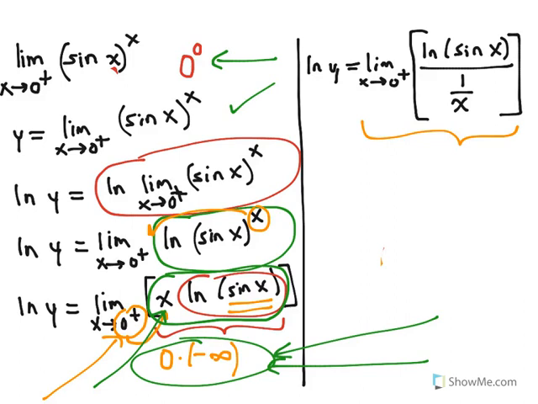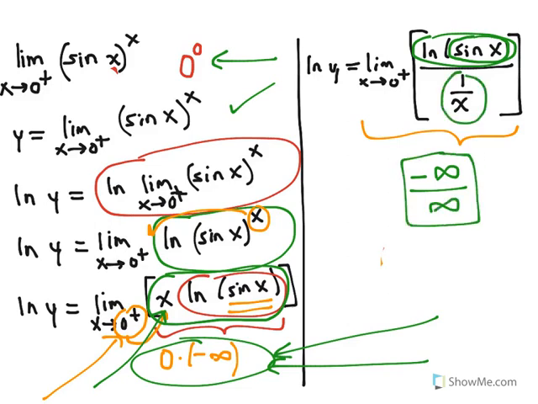And so we're going to have, as x approaches 0 from the right, sine of x will approach 0, natural log of 0 will approach negative infinity, and as x approaches 0 from the right, 1 over x will approach positive infinity. So we get this indeterminate form. That's like what we have here.